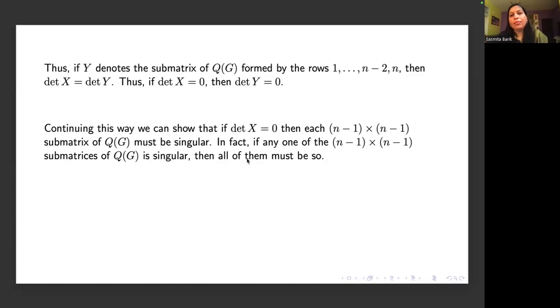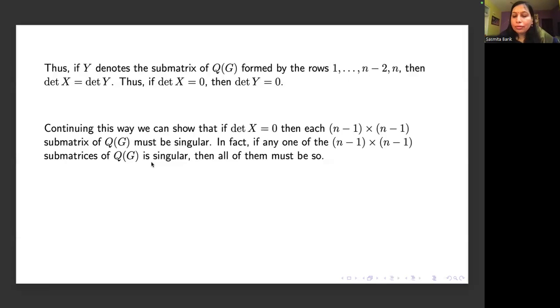So if any one of the n minus 1 cross n minus 1 submatrices of Q_G has determinant 0, then every one, whichever you choose, will also be 0. So if one submatrix becomes singular, that means all will become singular.